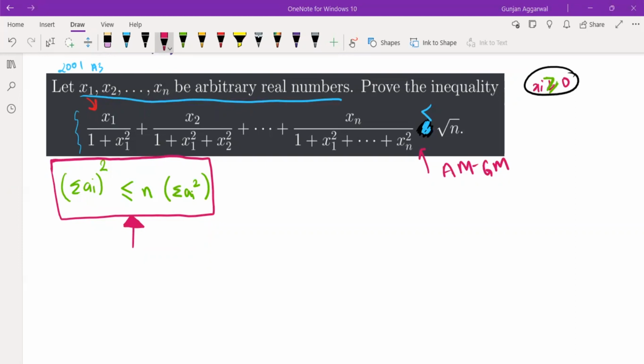So using this thing, the thing we have to prove is basically sigma xi by 1 plus x1 plus so on till xi squared less than root n.